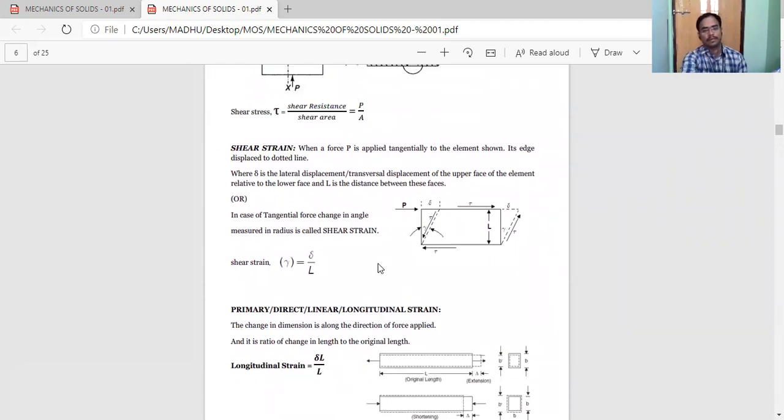Now, again, regarding strains: primary, direct, linear, or longitudinal strain. What is this? It is nothing but, when the applied load is normal, the type of strain induced, or the changes in the dimension that are taking place over the body, are called longitudinal strain, primary strain, direct strain, or linear strain.